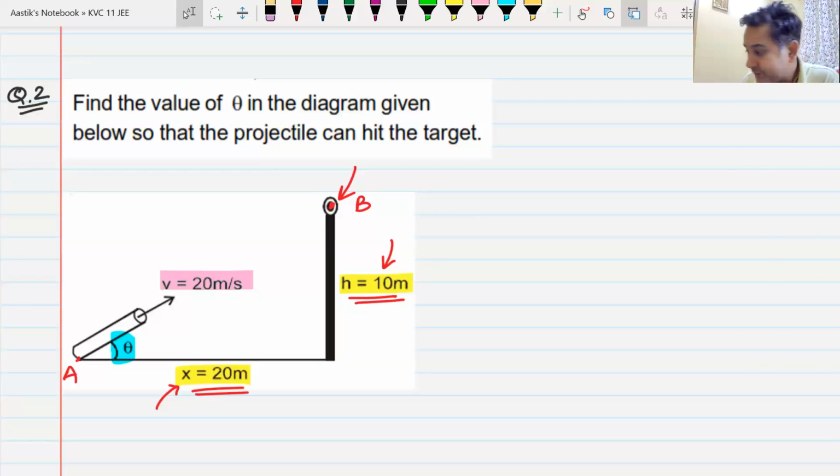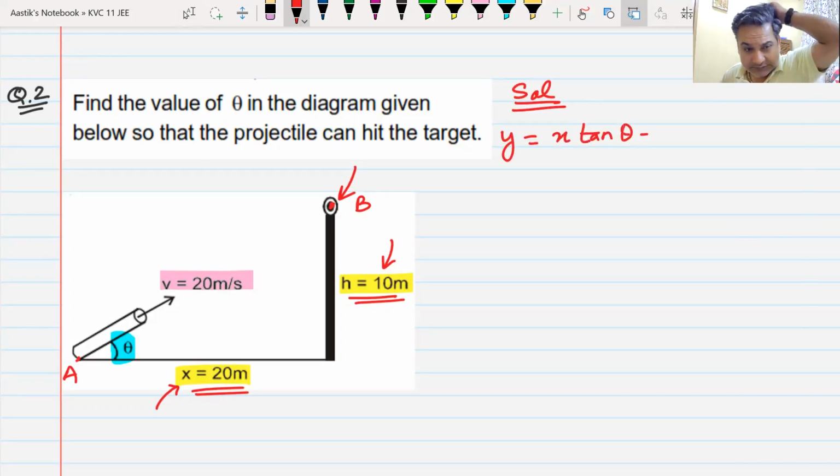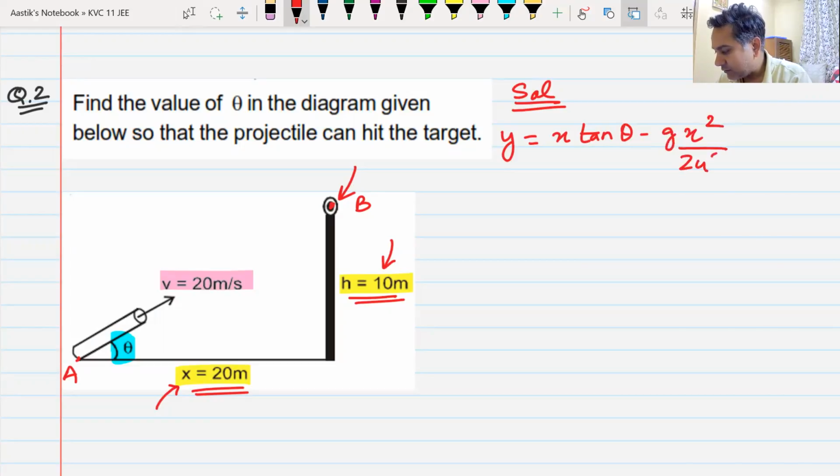Shall I do it? So how will I do it? I will write the equation of trajectory. y is equal to x tan theta minus g x square by 2u square into (1 plus tan square theta).